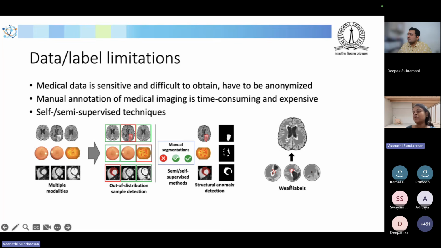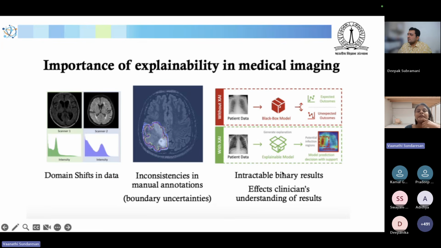Sometimes labels are available but not of good quality. And explainability is very important in medical imaging, like overcoming domain shifts: to understand what a domain shift is and to explain it explicitly for clinicians, and inconsistencies in manual annotations, and in yes or no classification problems, understanding how the model makes that yes or no decision.